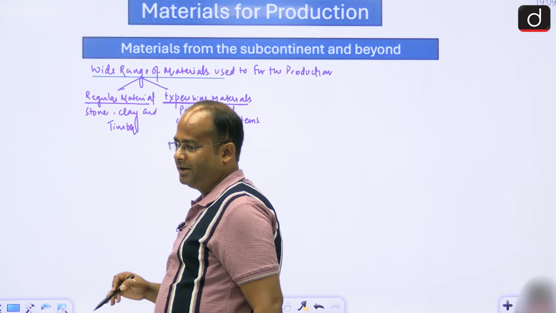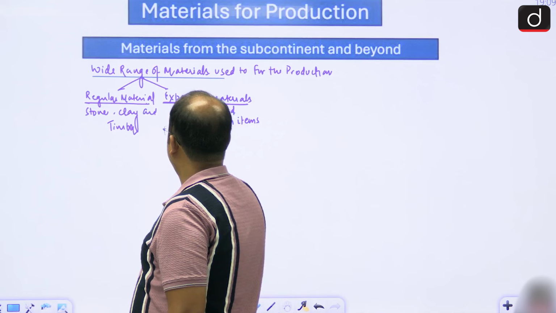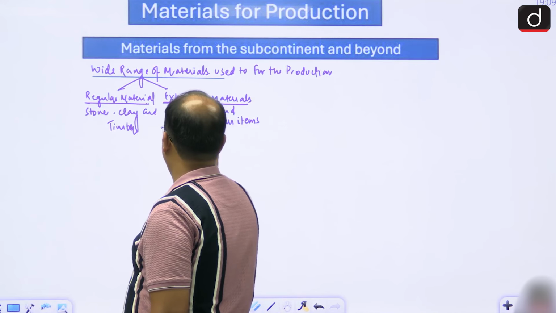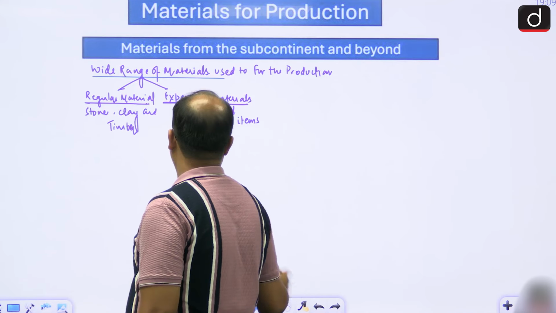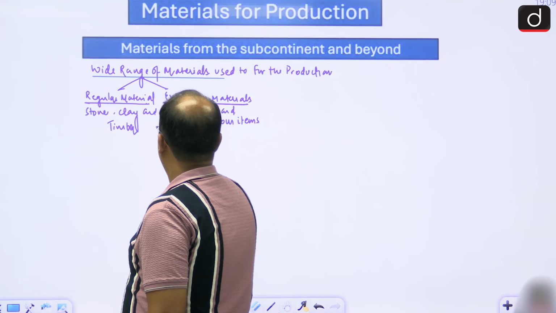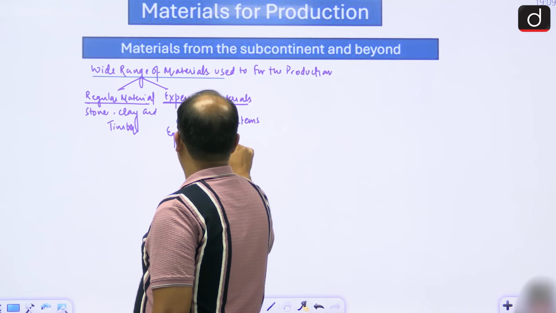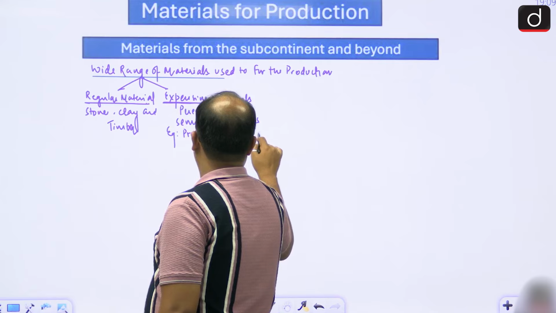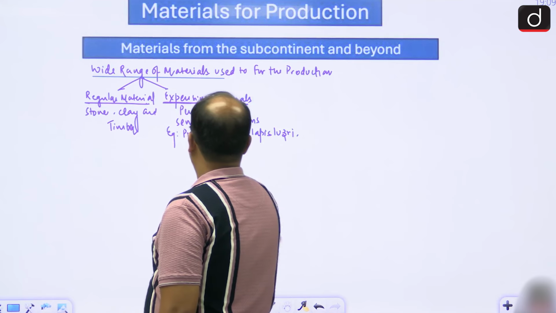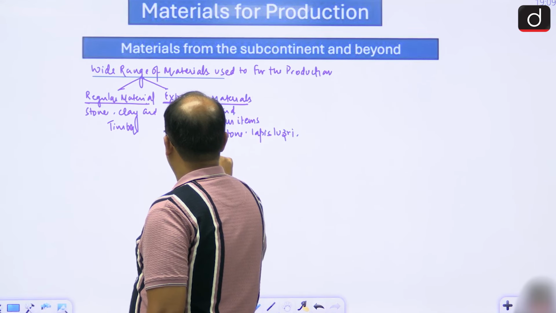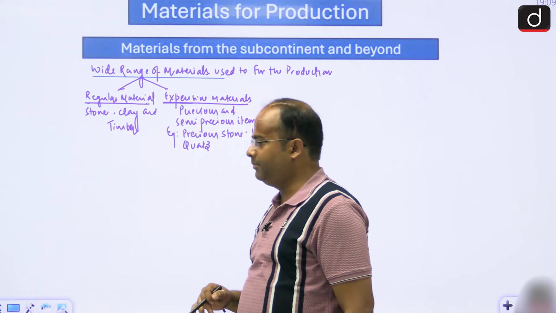Precious and semi-precious items, like precious stones, like lapis lazuli, like quartz, which were regularly being used to make the material.